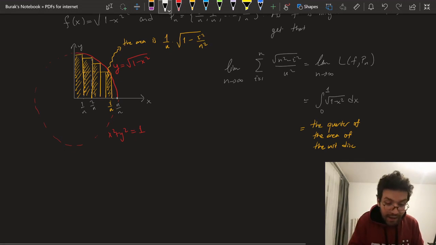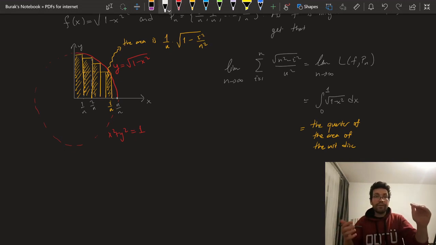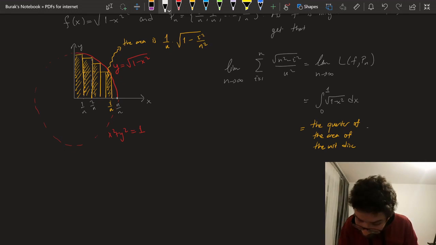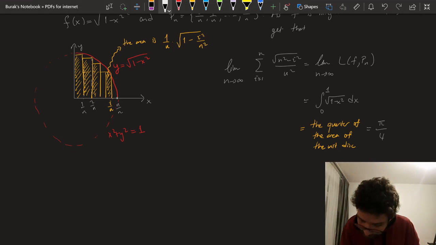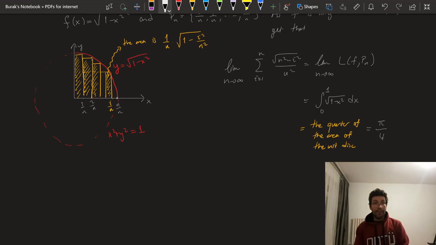So the area under this curve would be a quarter of the area of a unit disk. You already knew how to compute the area of a disk, but we actually derived that formula. The area of the unit disk is pi, so its quarter is pi over 4. So this limit is actually pi over 4.